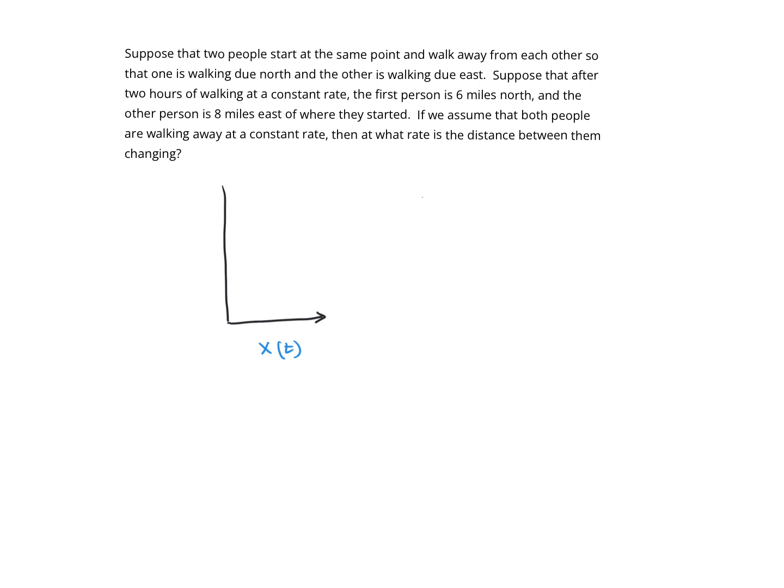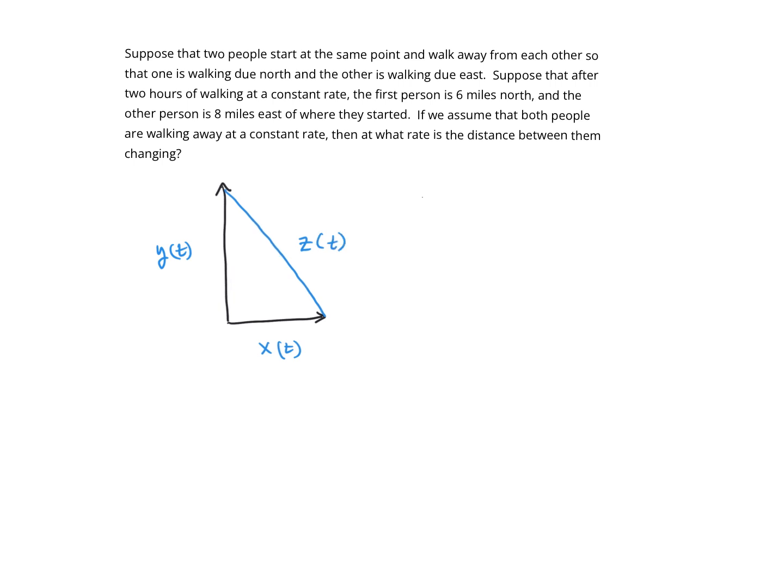And we're going to let y of t represent the distance of the person walking northbound. And then we will let z of t be this diagonal true distance between the two people.